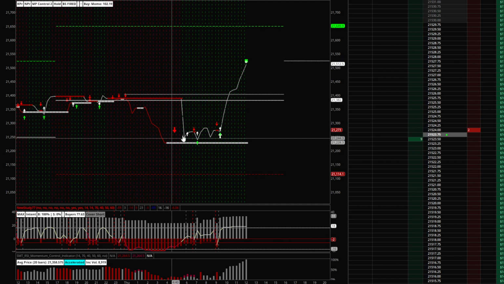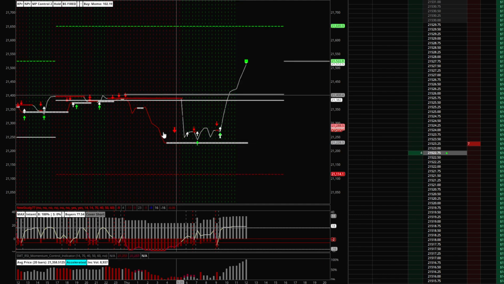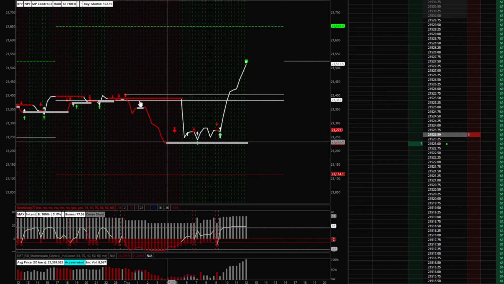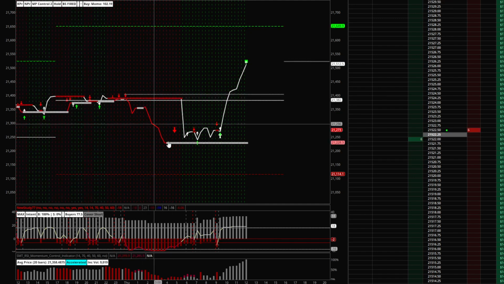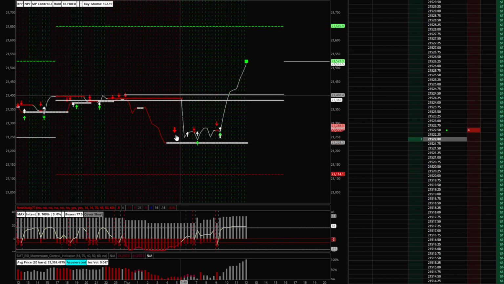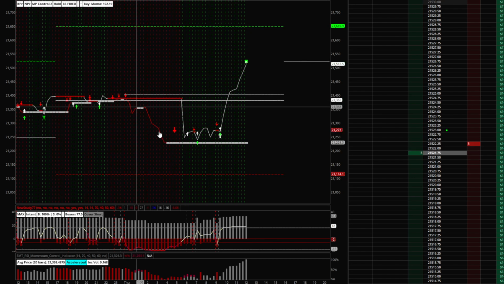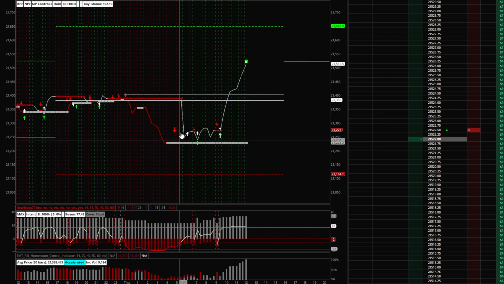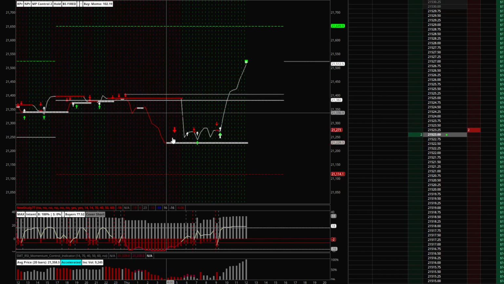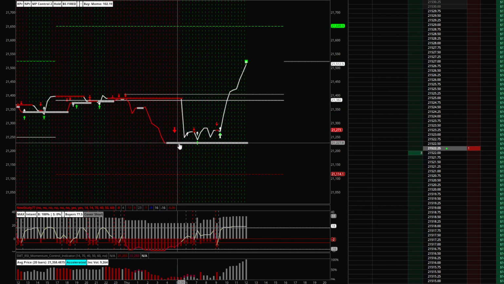So once you have the takeover here, sellers have control. If you're a seller going short, you're going to have a little bit of drawdown right here because the buyers are coming in.